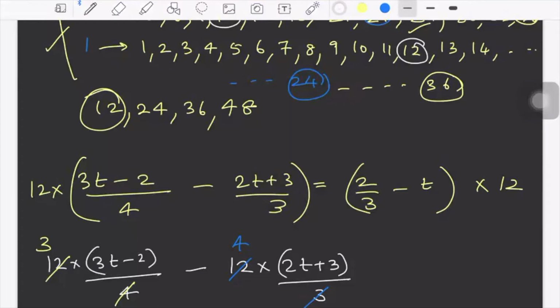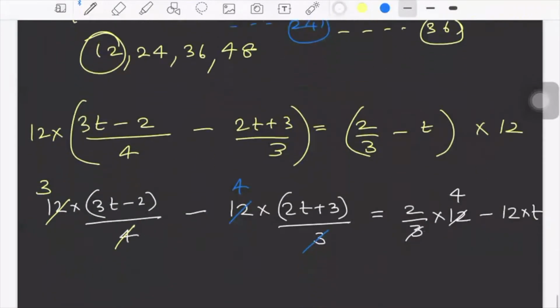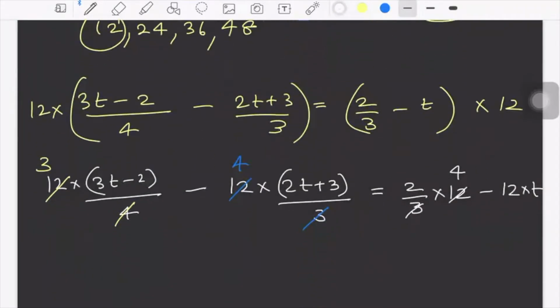And on the RHS we have 2 by 3 into 12 minus 12 into t. So 3 and this is 4. So we have 90 minus 6 is equal to minus of 8t plus 12 is equal to 8 minus 12t.